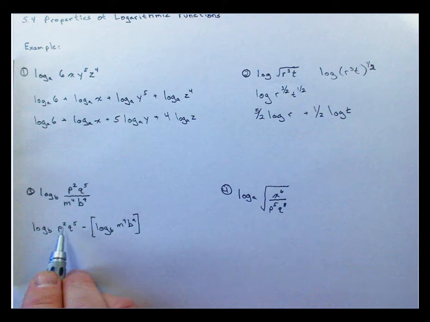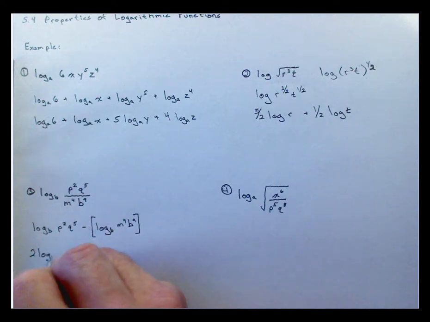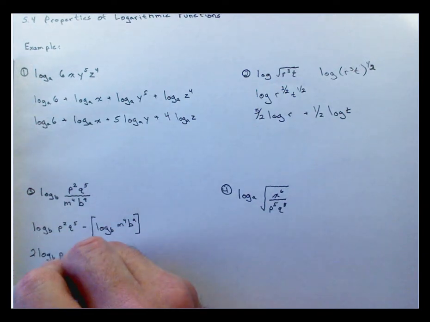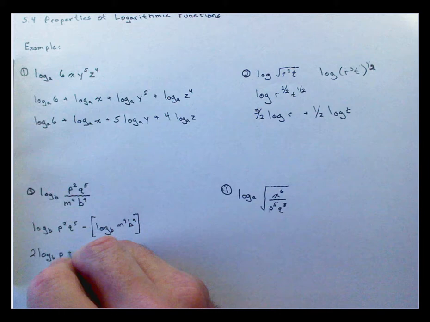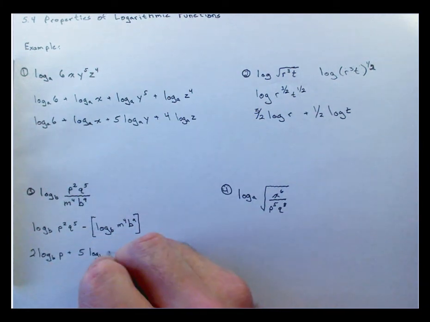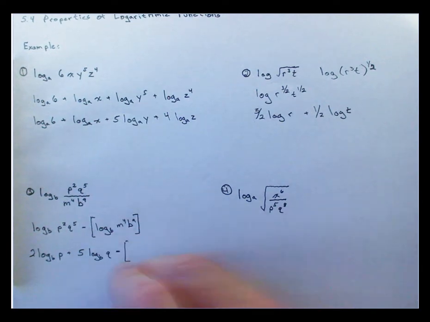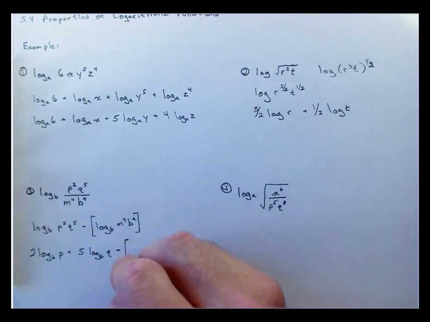Now I will do my product and my powers at once. So I'm going to have 2 log base b of p plus 5 log base b of q minus, and it's going to be minus all of this once I write it out.